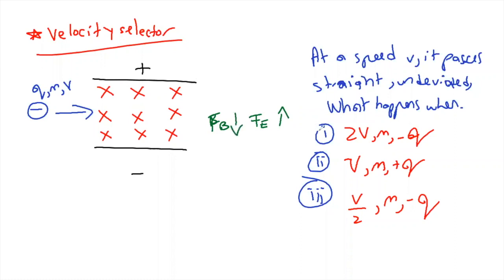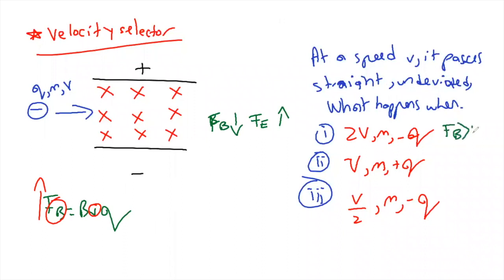Now, the velocity is being doubled. What does that mean? Fb is Bvq. The magnitudes of q and B are the same, the velocity doubles, so Fb doubles too.